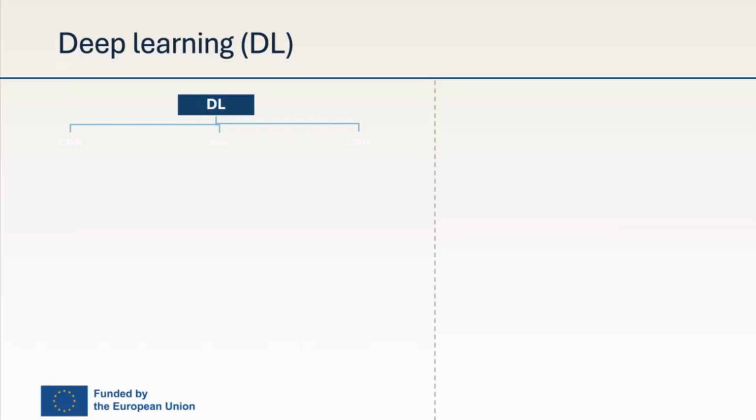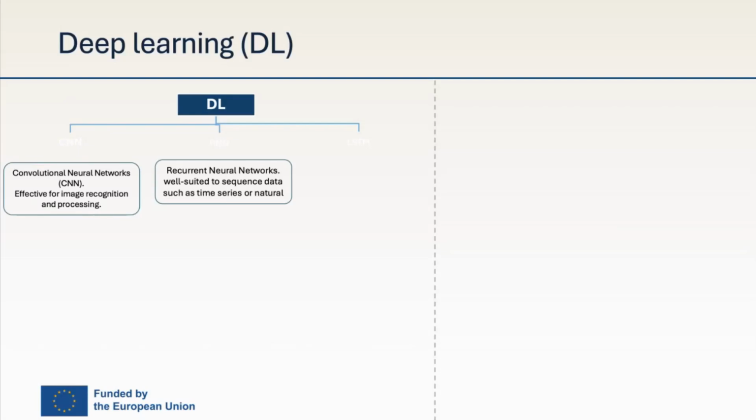Now, for deep learning, we could have three kinds of models that can be used. There is the convolutional neural network, which is considered suitable to deal with images.